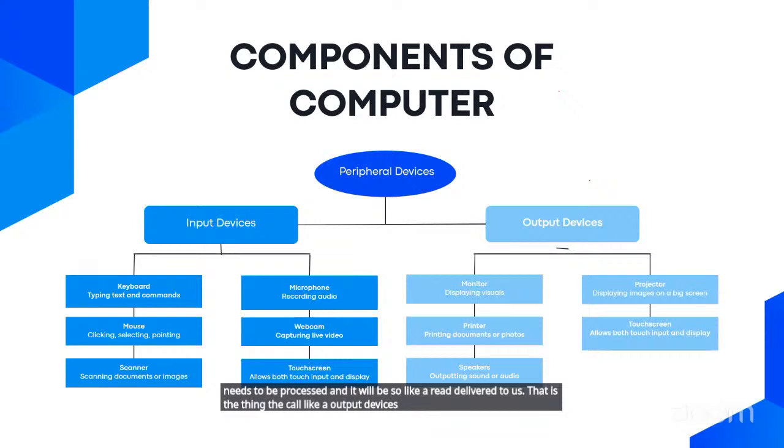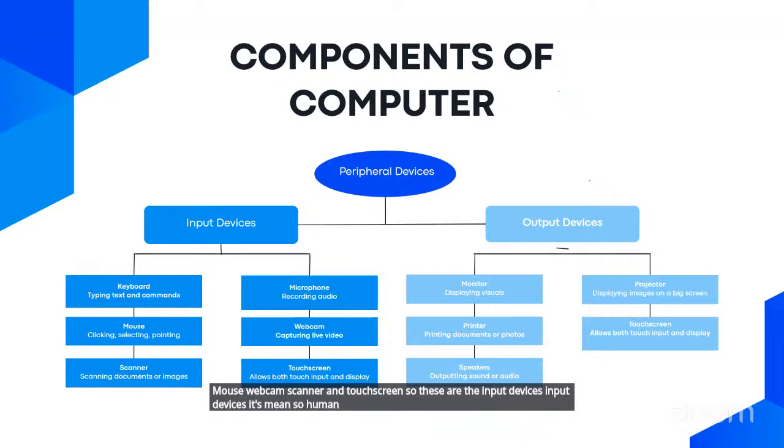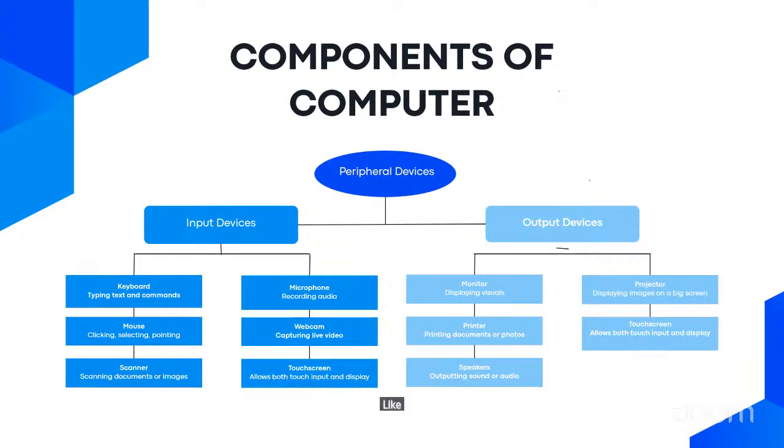So let's look into the input devices: the keyboard, microphone, mouse, webcam, scanner, and touch screen. These are the input devices. Input devices mean a human gives commands to the computer with the help of these devices. We use the keyboard by typing something to the system.